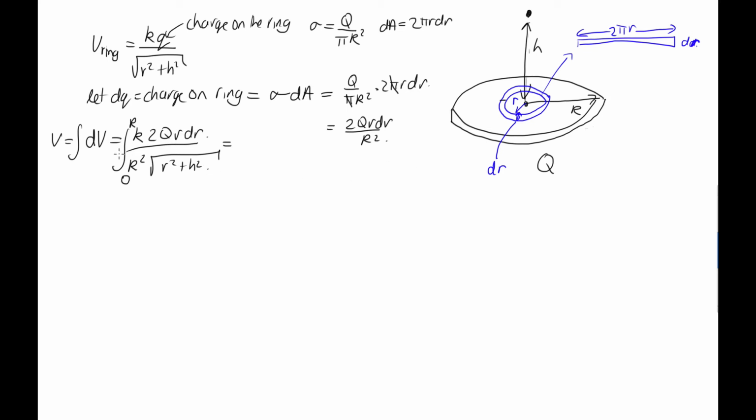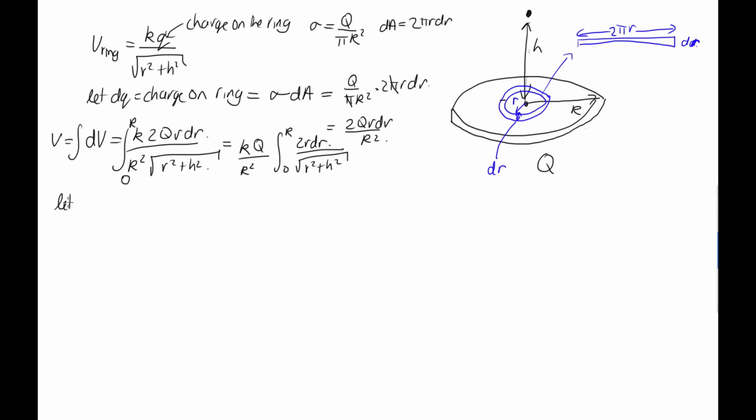So let's pull the constants out the front, apart from the 2, we'll leave the 2 there. So we've got V is equal to kQ divided by R squared. Capital R isn't a variable, it's the radius of the disk, it's little r which is varying. So then we're integrating from 0 to R, and we've got 2r dr over the square root of r squared plus h squared, which you can possibly see how to do really quickly, but how I'm going to do it is with a substitution.